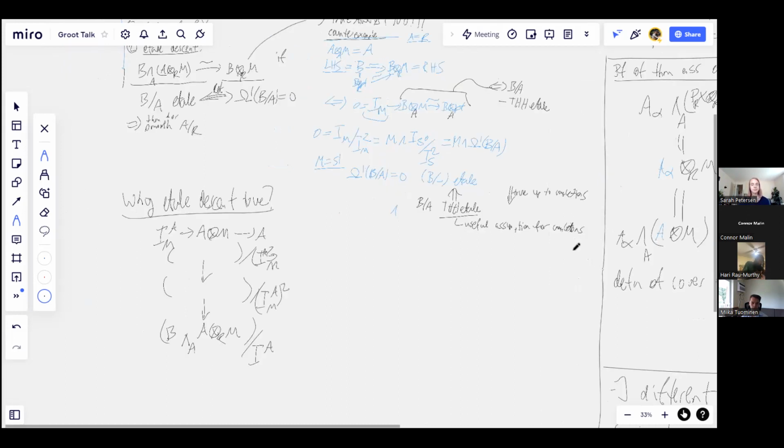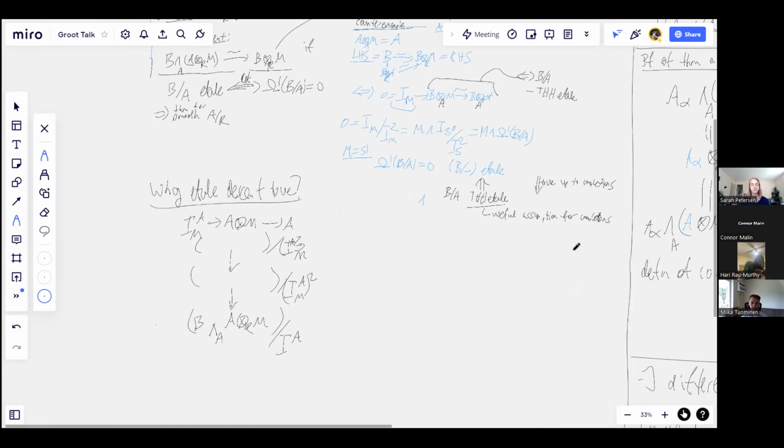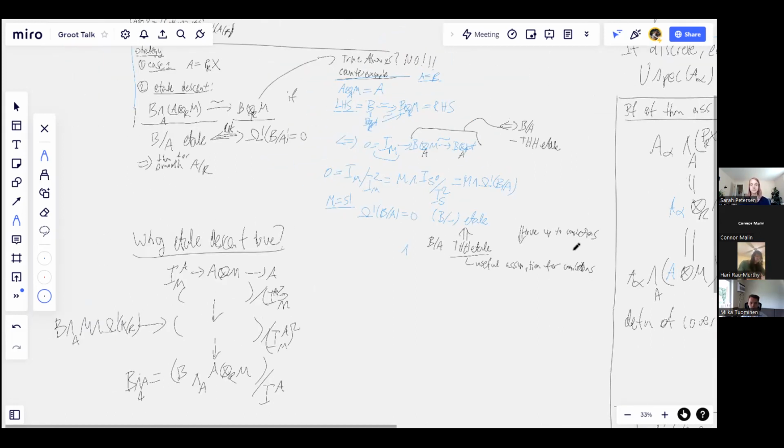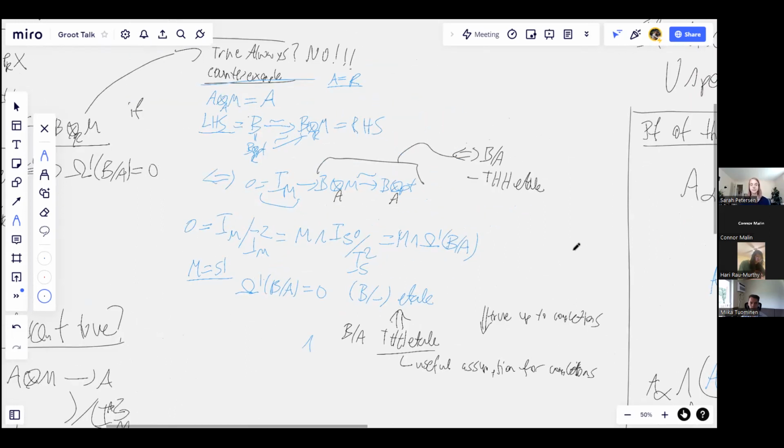Okay. And the associated gradeds are this is A, this is B over here. And this associated graded is equal to B smash over A with M smash omega 1 A over R. And for this, I'm using what I've gleaned over here about I_M mod I_M squared being linear.